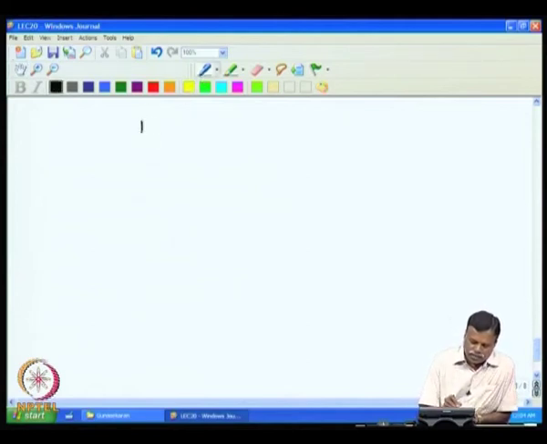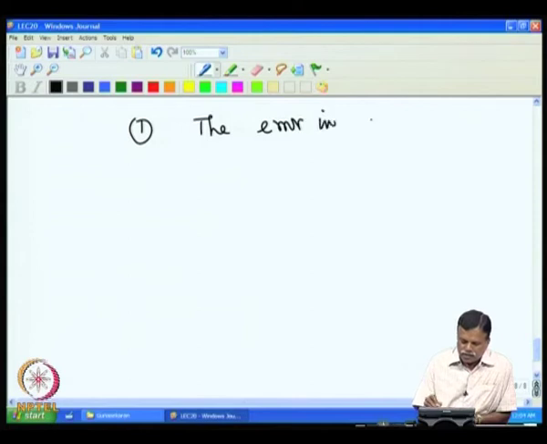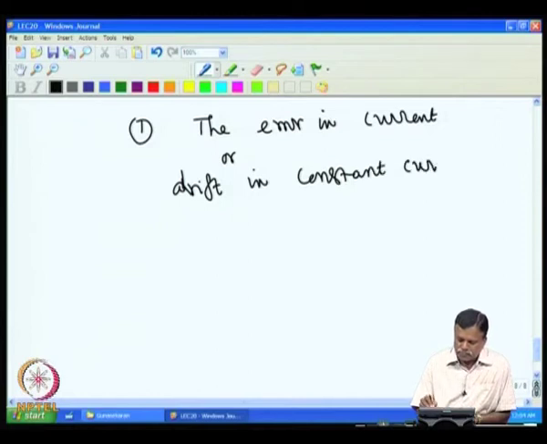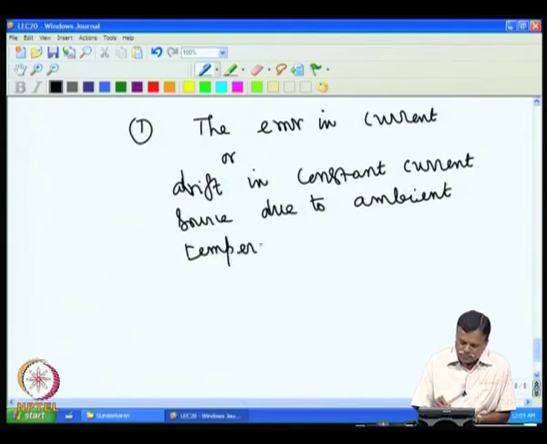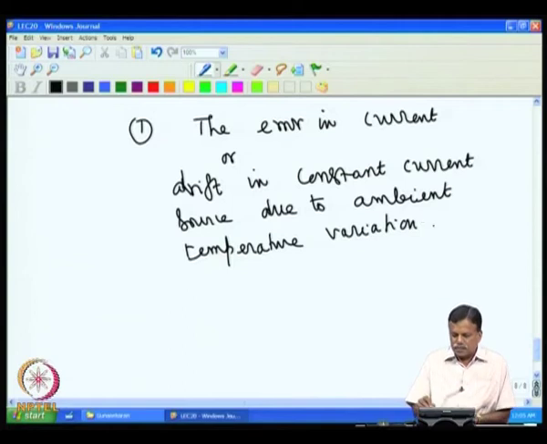So, the net point is that the error in current, or drift in the constant current source due to ambient temperature variation, makes the measurement less accurate.